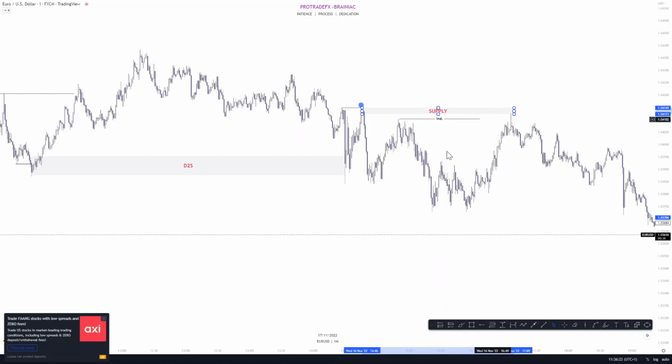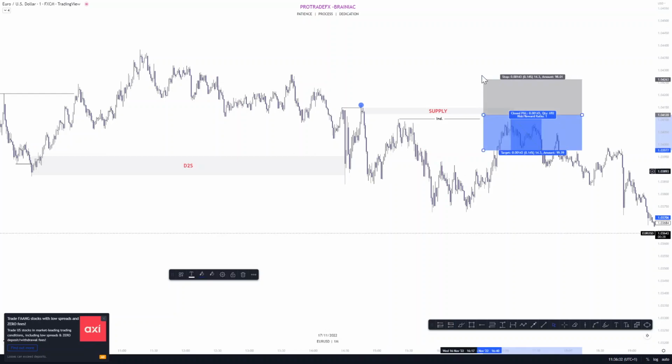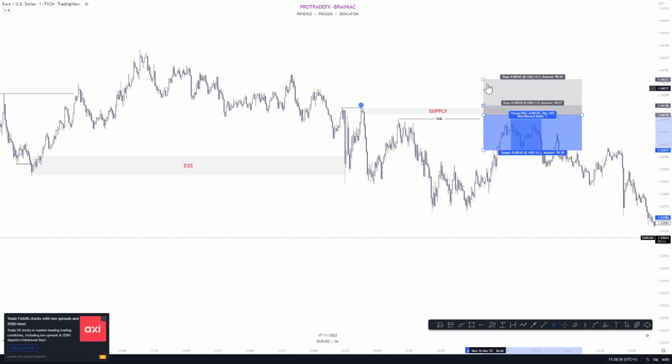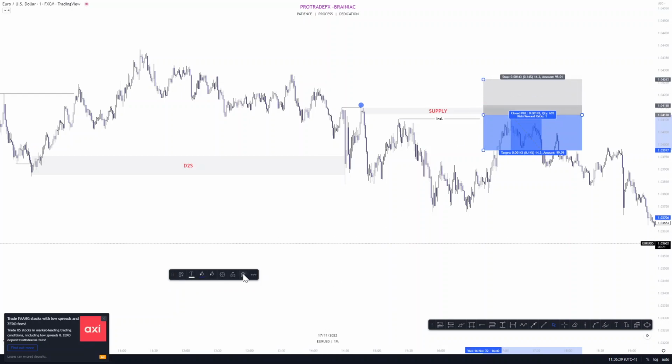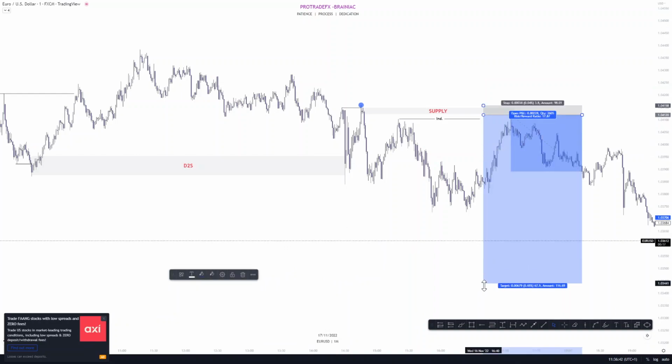When price came into supply, this is a type of third model demand to supply. So your entry is basically going to be off this supply. Since inducement has been created, your stops above that is going to give you a very good risk to reward, right? And you can continue on the sell bias of the market.